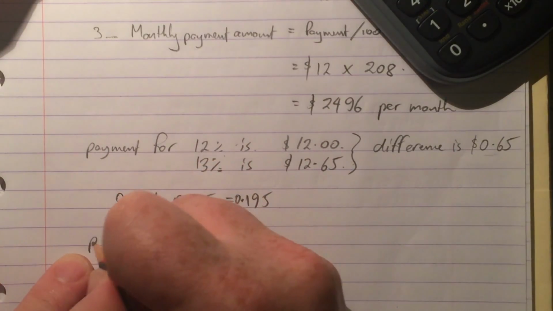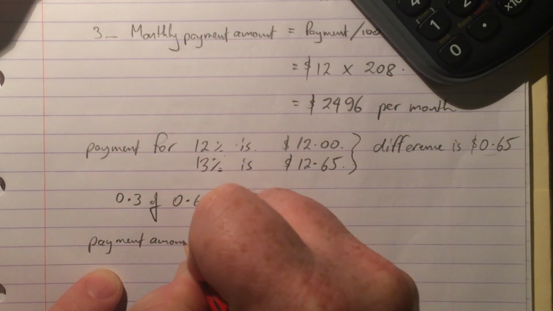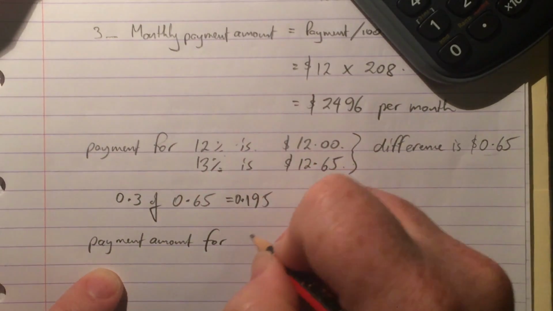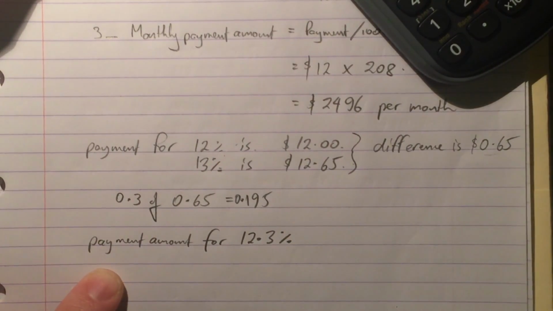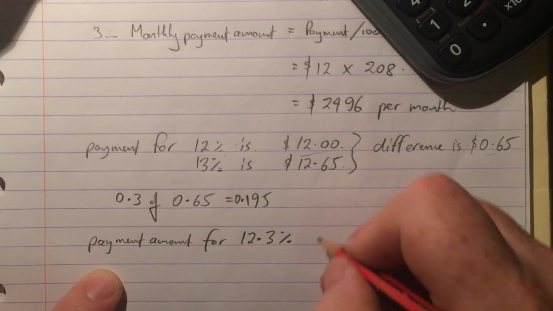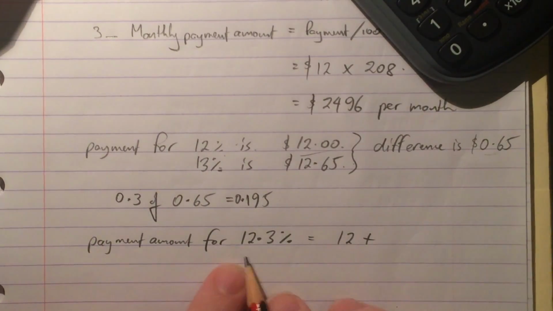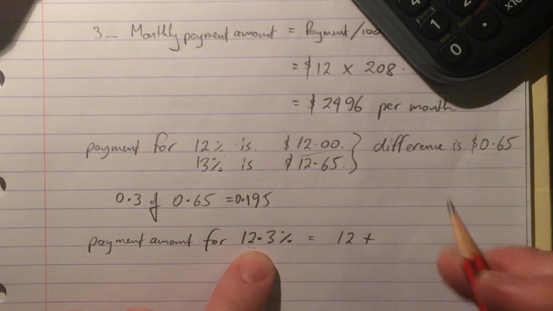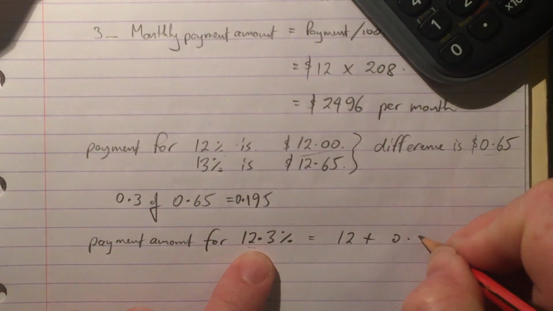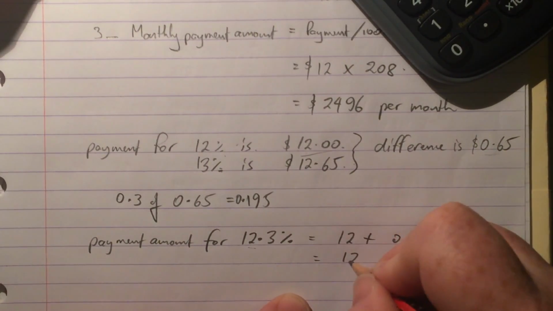So the payment amount for 12.3% will be the $12, that's the amount for the 12%, plus the amount for the 0.3, which is 0.195.